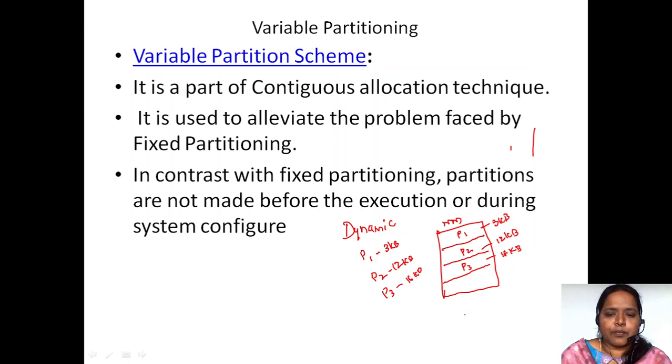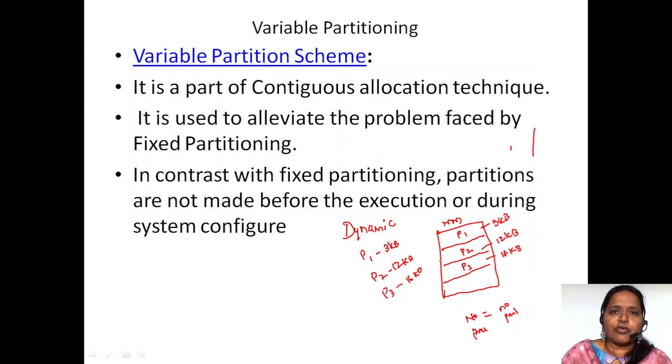So here the number of processes equals the number of partitions. There is no restriction on the partitions. During runtime we allocate the memory, and partitions are not fixed beforehand. During runtime, if a process needs 5 KB of memory, we occupy 5 KB.